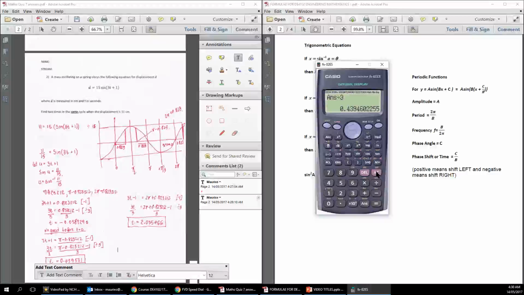Oops. Yeah, I think that might be a rounding error there. I'll just try that again to make sure. So we go shift pi, minus A, minus 1 equals, divide 3 equals 0.43946.